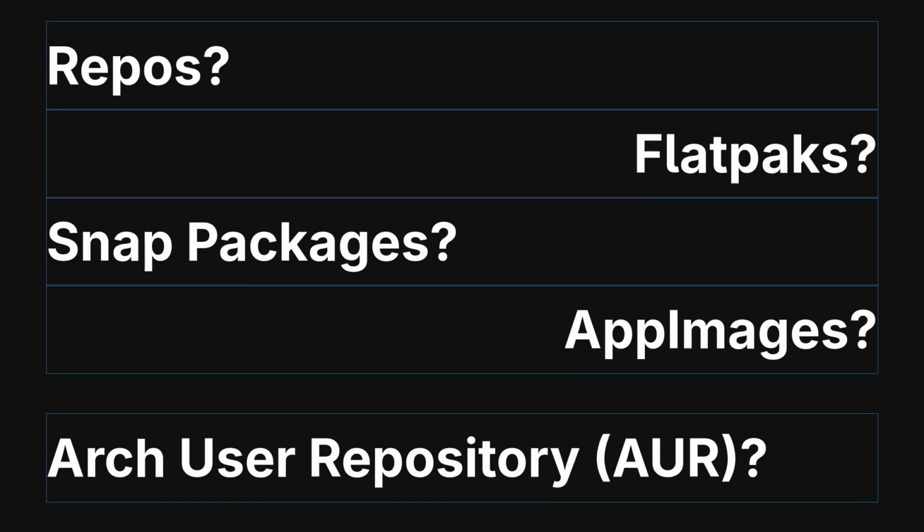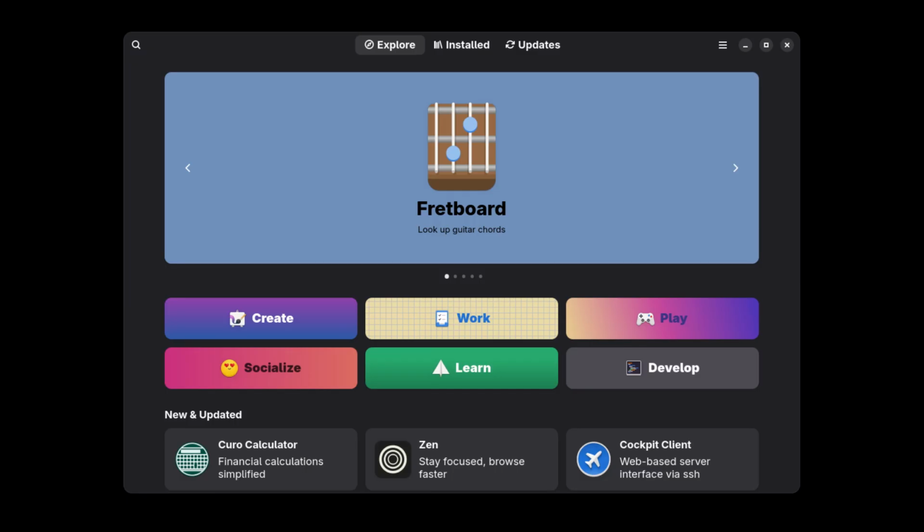The important thing to know is this: you don't have to understand all of it right away. Most modern Linux distributions make software installation straightforward. You search, click install, and move on. The flexibility is there if you want it, but it doesn't have to be overwhelming.